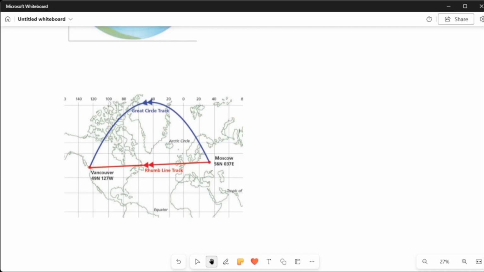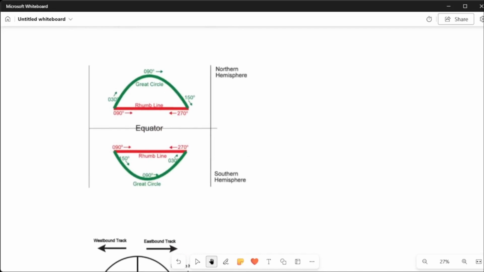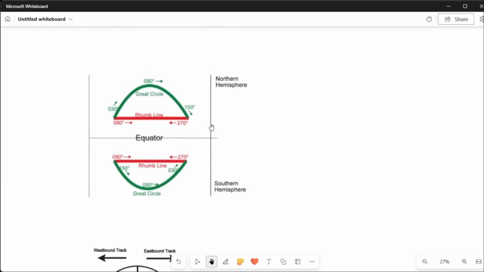Let us jump to great circle directions. Since we saw on the chart the rhumb line track is a straight line, however, the great circle track has a change in direction. Hence, we illustrate it with this particular diagram, where, in the northern hemisphere, if you are following a rhumb line track of 090, your initial direction will be 030, that is less than your rhumb line track.